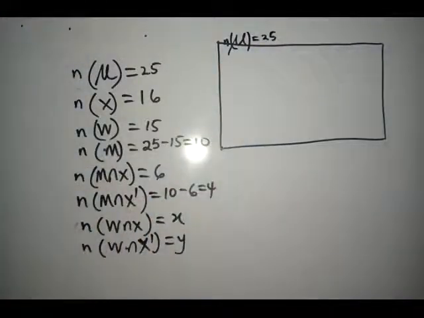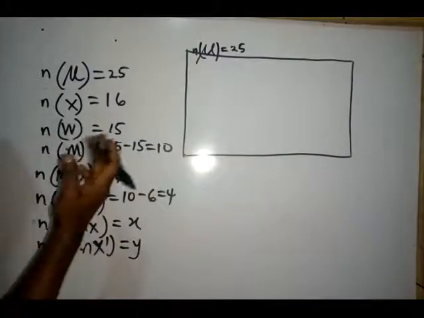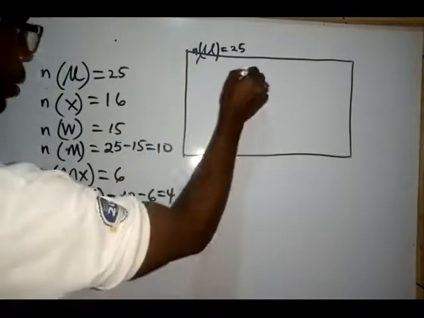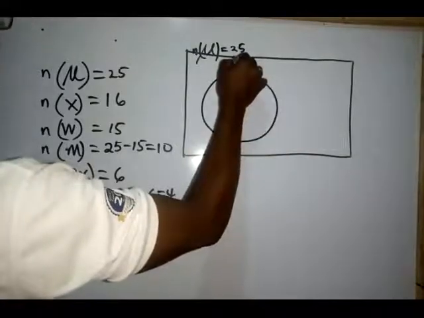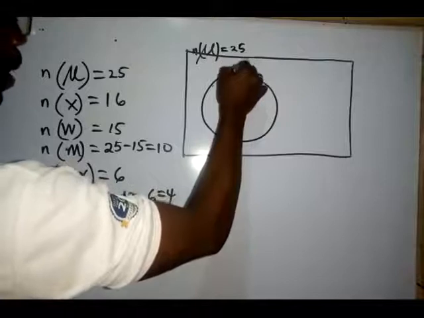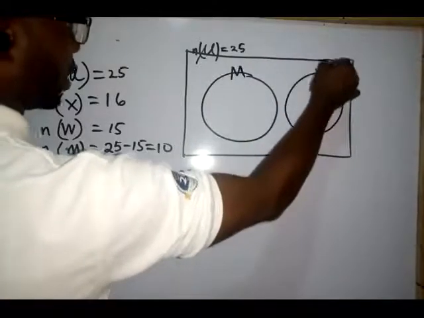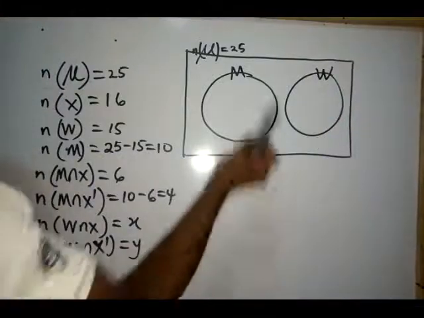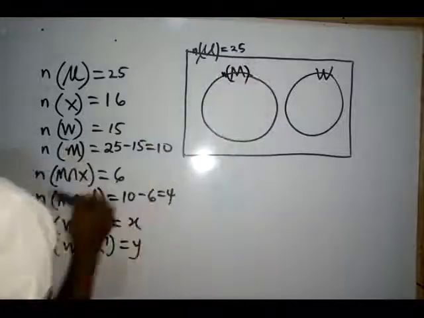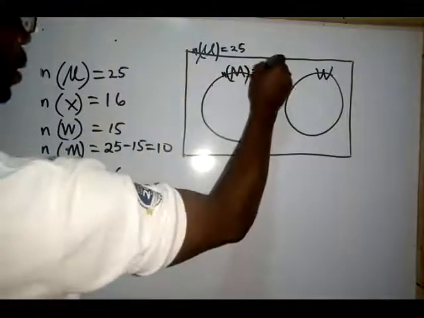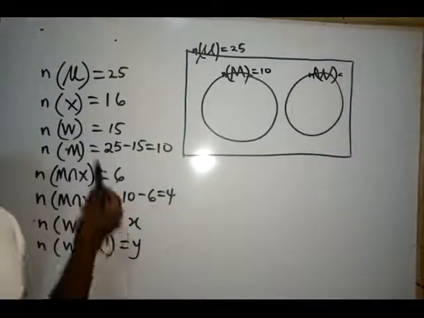So what do we start with? We have men and we have women, and that's a disjoint set because there is no man that is a woman. So number of men here is 10. The number of women here is 15.